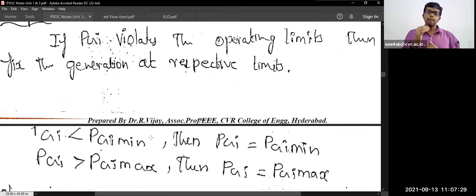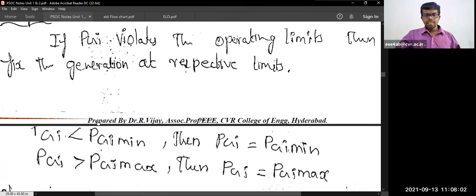You need to differentiate which is best. After knowing this algorithm and solving the problem, you can easily tell which one is best to solve the problem. Next, these are the limits.